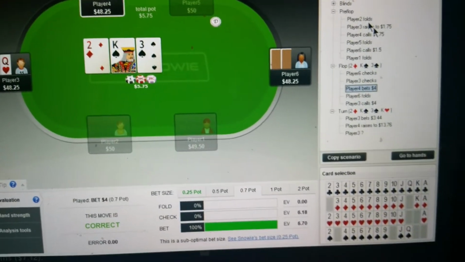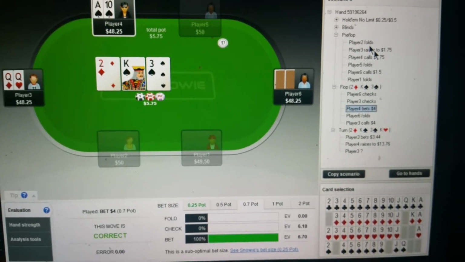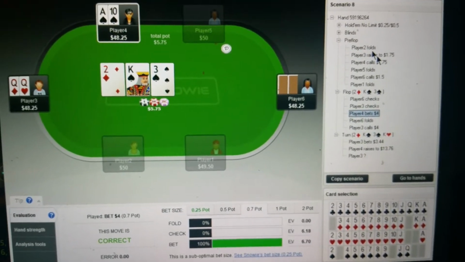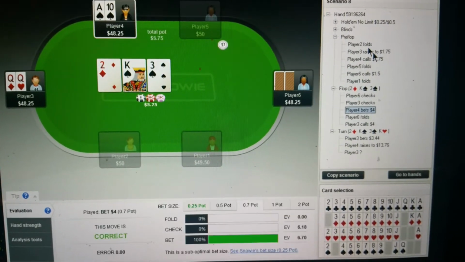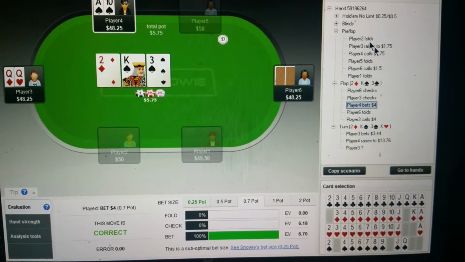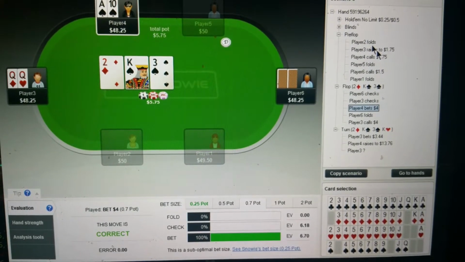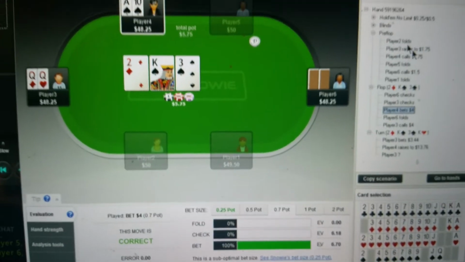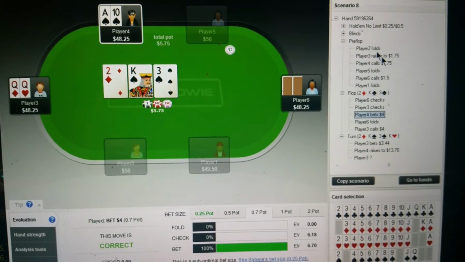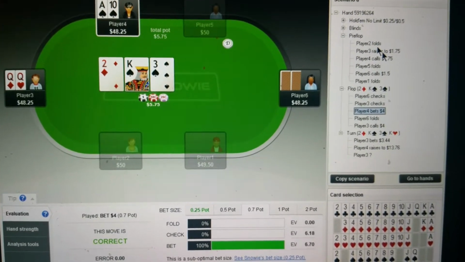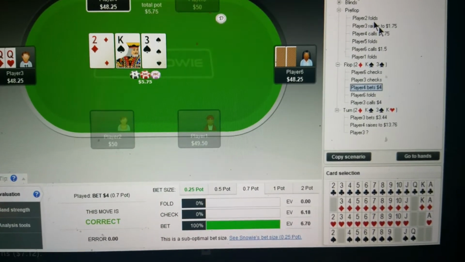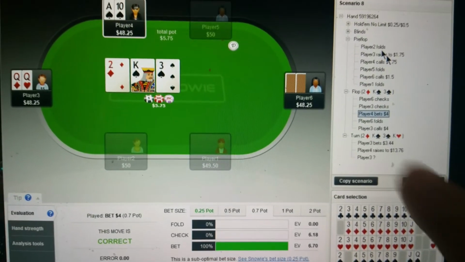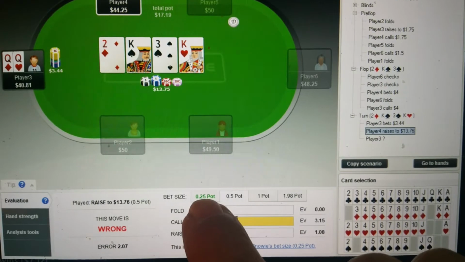So I check, and ace king is supposed to bet quarter pot. So he does.